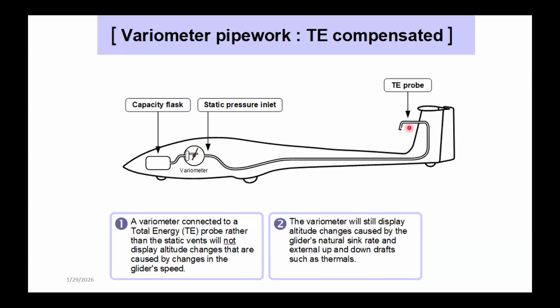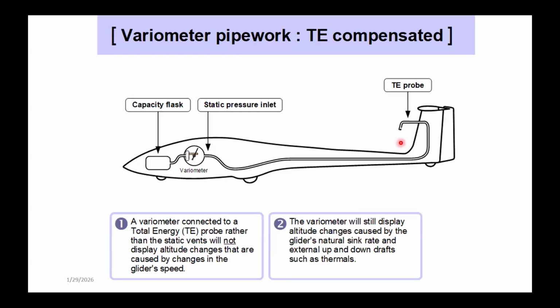It's going to be the dynamic pressure, but instead of a positive number for airspeed, it's going to have a negative approximation of airspeed. So then what you're seeing is the static pressure change with the airspeed component subtracted out of it.